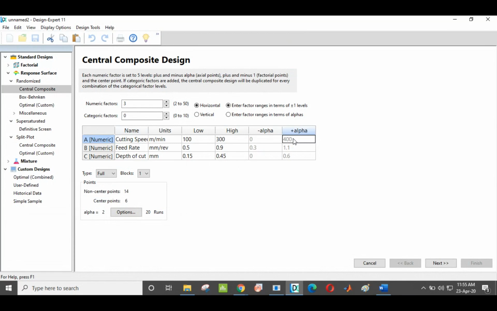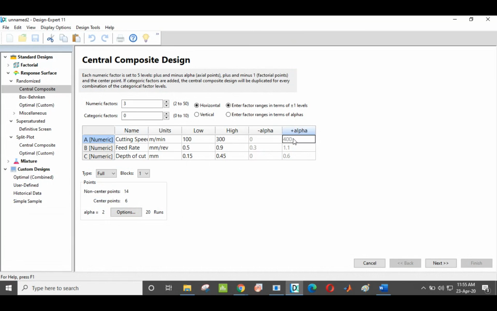So the minus alpha value is calculated by taking the low level value that I have given and subtracting the difference from the middle level value that the system has calculated.